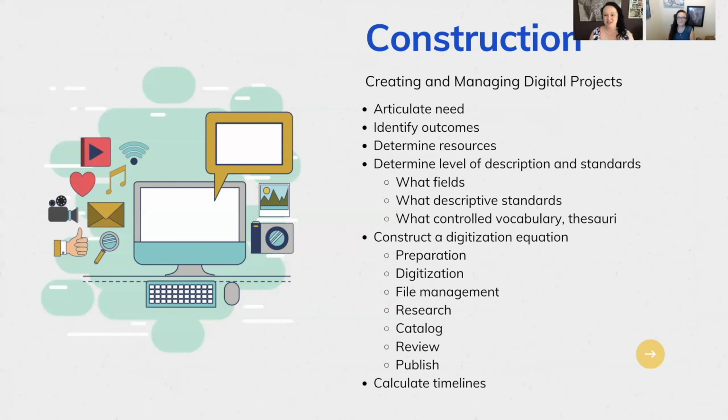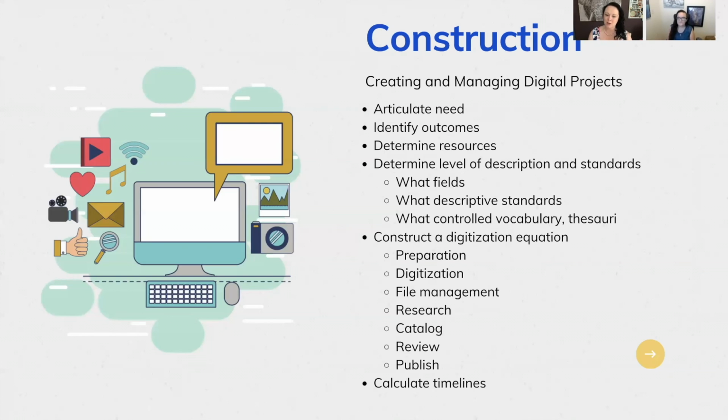And then, of course, the next thing that you're going to need to figure out is what the outcomes are. For outcomes, we'll immediately think, okay, I've digitized 100 items and I've put them online. That's the outcome, which is a good one. It's more a product deliverable, though, and I want to challenge you all to think about outcomes as something more intangible and think about some of those questions I asked you earlier.